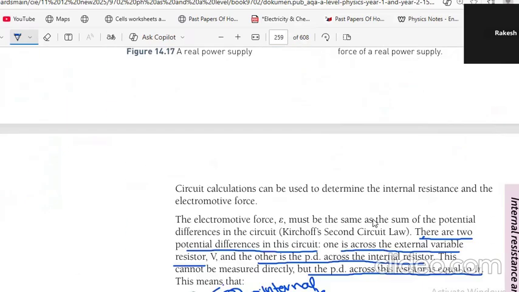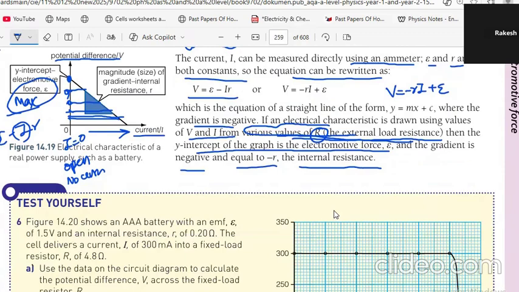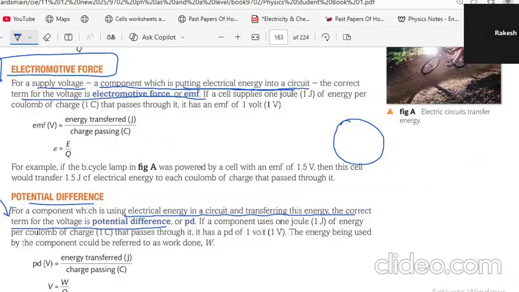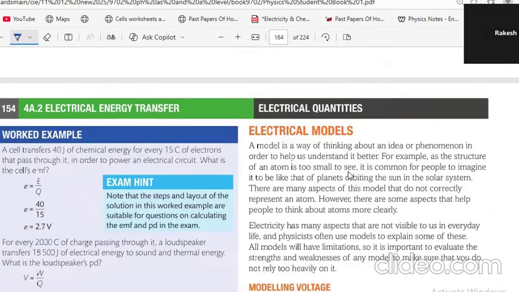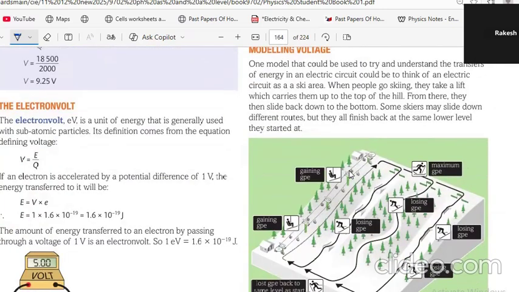Now the other thing that is very interesting is that you have to understand what's happening, like this modeling thing. Here the battery is raising the charge. This is EMF minus Ir from here to here, the terminal potential difference. You can understand this with a ski lift, the thing people take to go up. Now the lift also requires some energy to move.